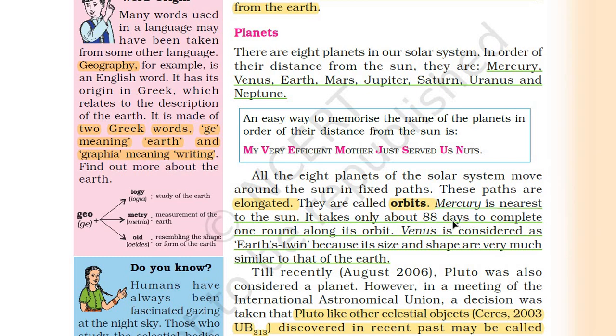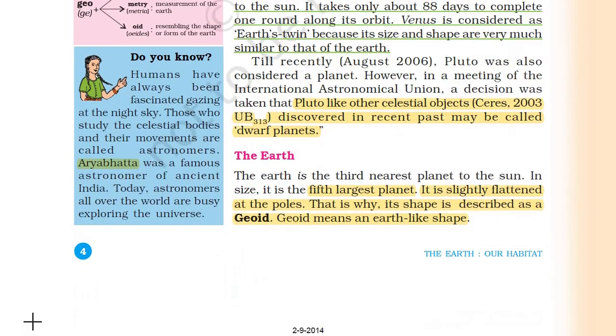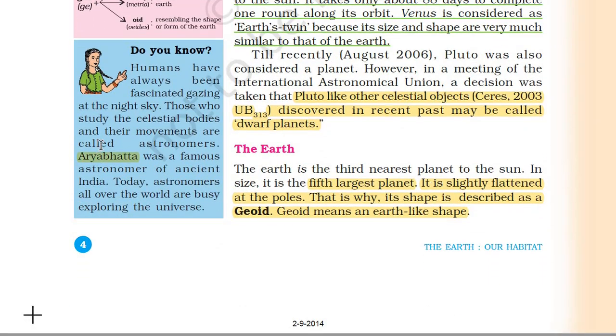If a question is asked which planet is considered Earth's twin, the answer will be Venus, right? Because its shape and size is similar to that of Earth. Here we have a bit of information about Aryabhatta. Then again, as we have studied in our childhood, Pluto used to be a planet, but now it is no more a planet, it is a dwarf planet, right?